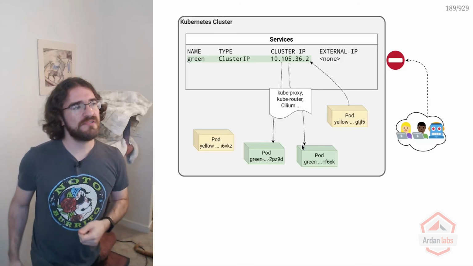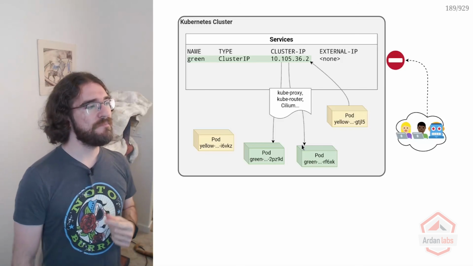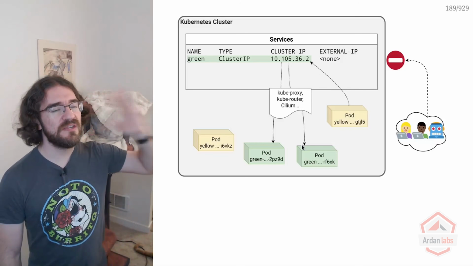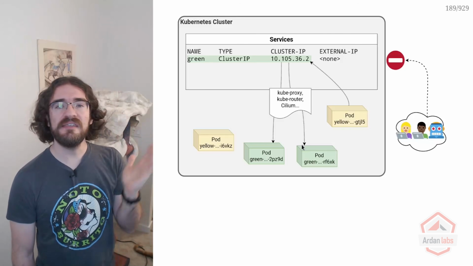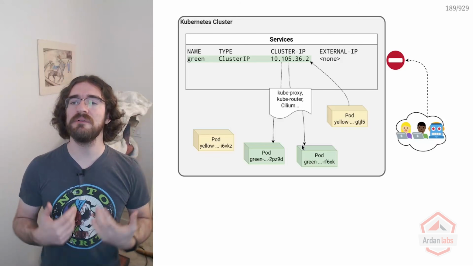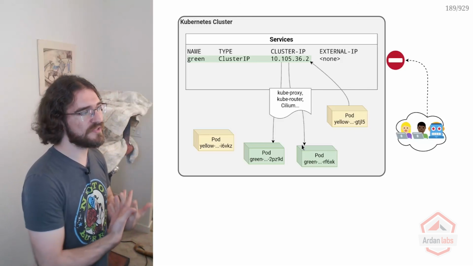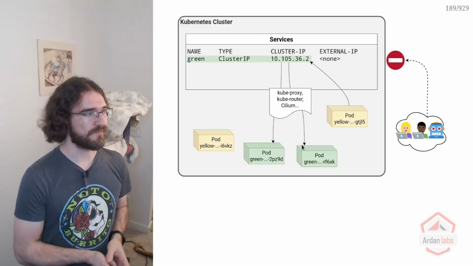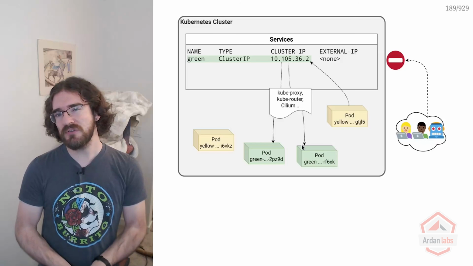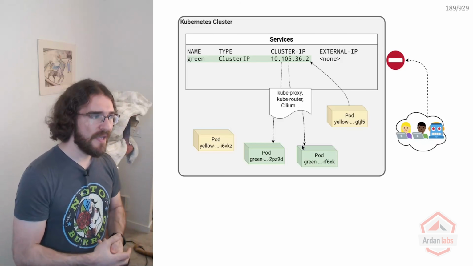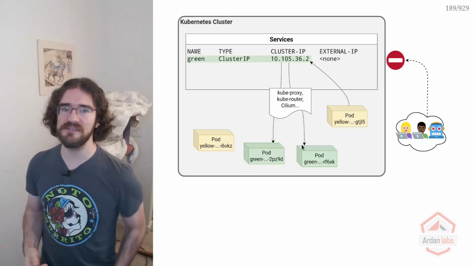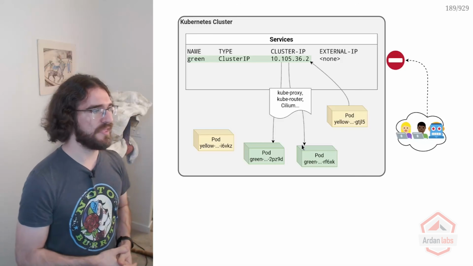If you're curious, the something could be something like kube-proxy, kube-router, Cilium. I put a list here because we have multiple available implementations for this load balancing. By default, out of the box on most clusters, this is kube-proxy. But if you want, you can replace kube-proxy with something else.